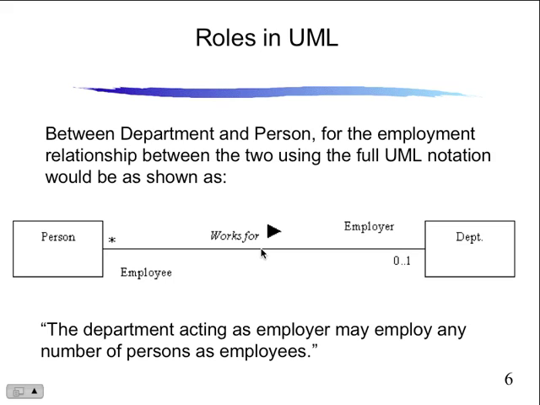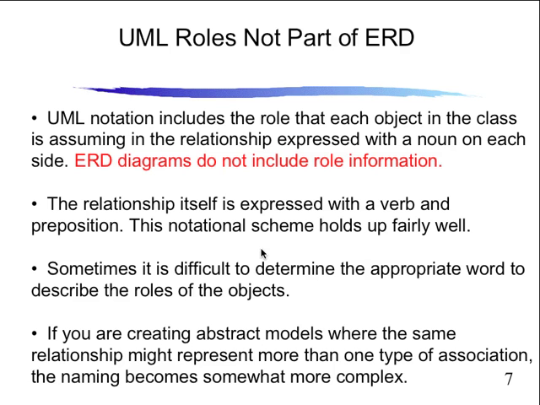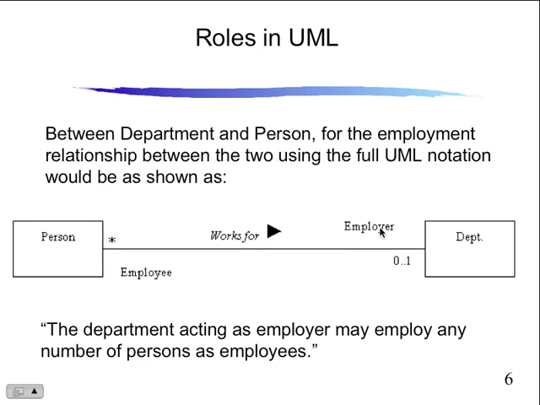And you might be thinking, well, in this particular case, it is just a notation. The syntax is the same. So the notation includes the role, and each one of the objects in the class is assuming the relationship that's expressed. And entity relationship diagrams do not include the role information. So that would actually be improper to put the two roles on here.